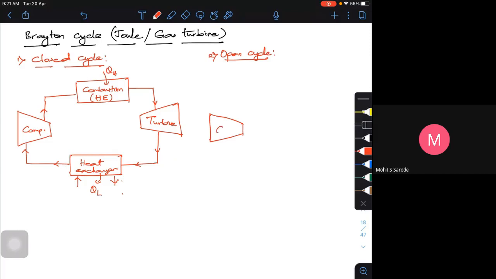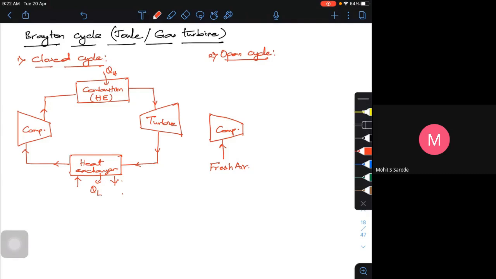This compressor will be taking fresh air from the atmosphere, just like what you see in your aircraft engine.